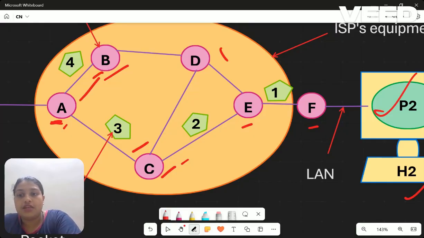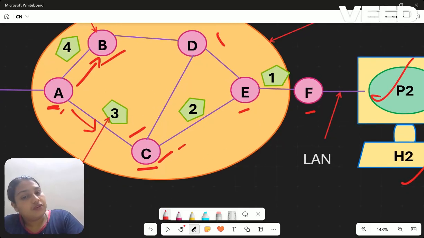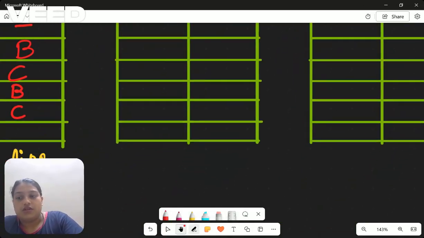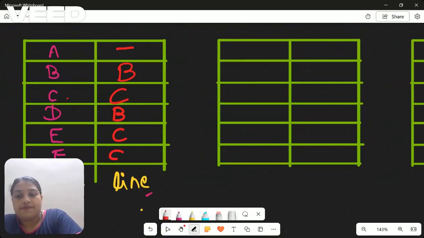Is it going to B or is it going to C? So I am taking C in this case. It depends. Okay. So here after C we don't have to write E. We can just write C. So I've written C here.